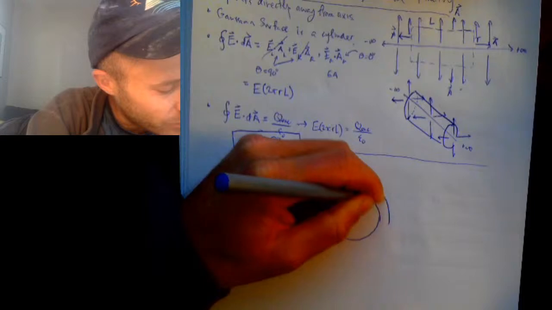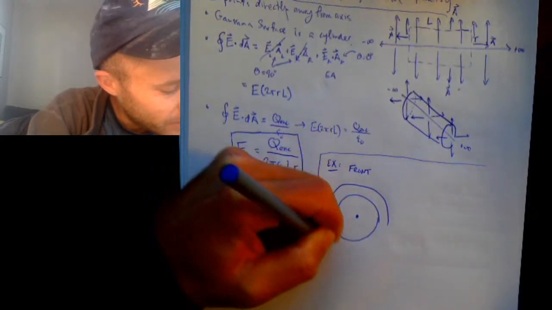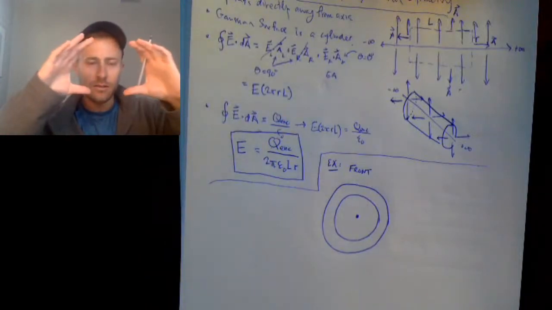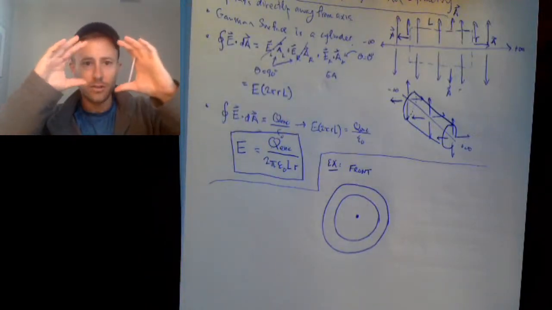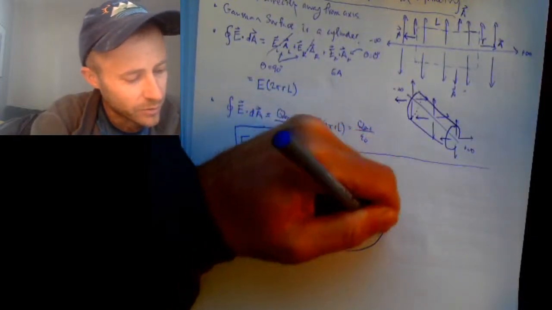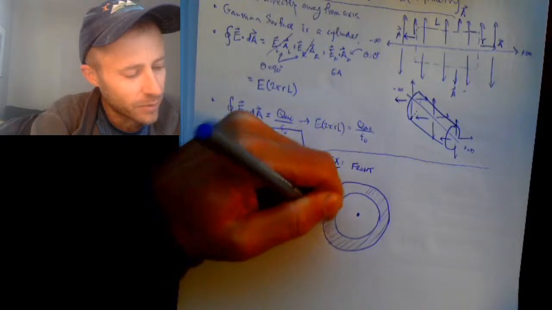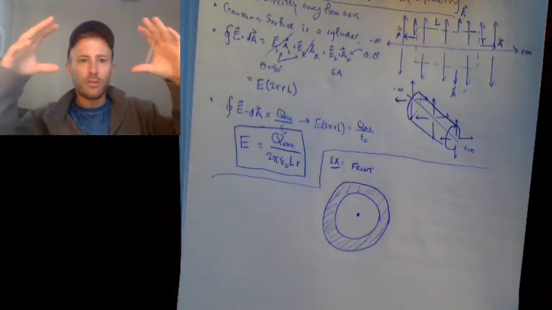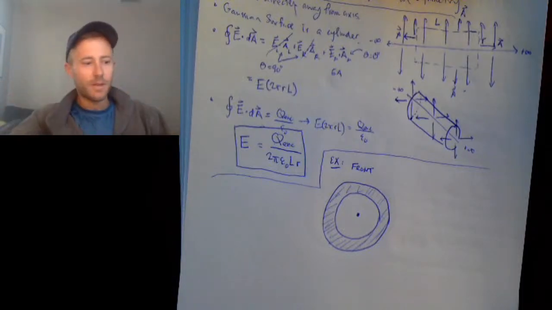And this toilet paper roll is a conducting uncharged conductor. So we have a thick uncharged conductor that surrounds the line of charge.